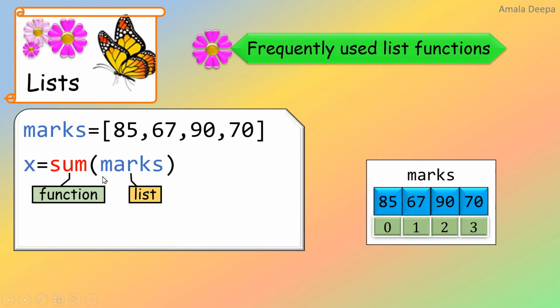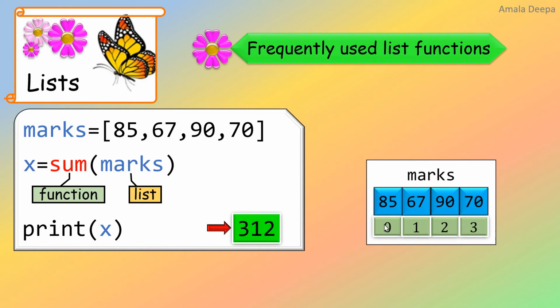From the name of the function itself, it will be clear to you that the sum function will add up all the elements and return that value, which will be stored in the left hand side variable x. So when I print x, I will get the output as 312, which is the sum of all the elements in this list.